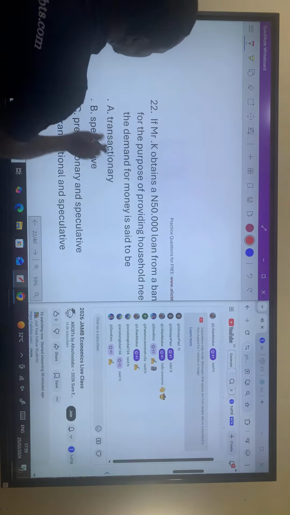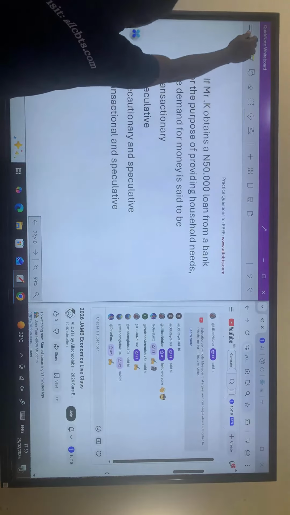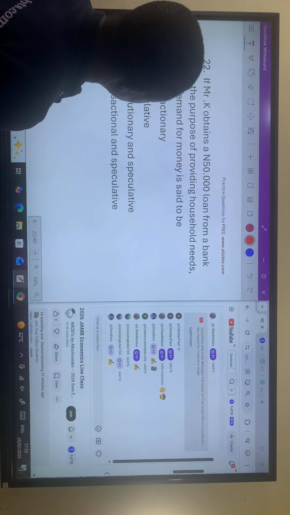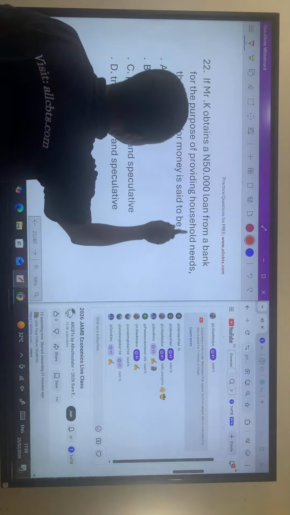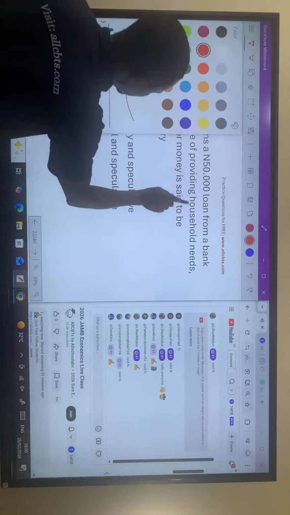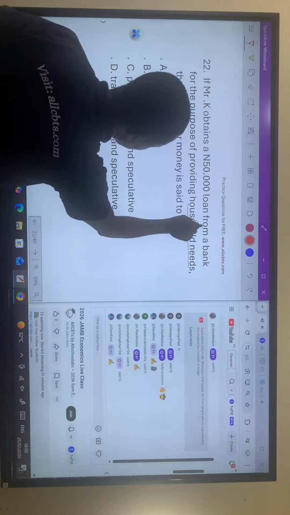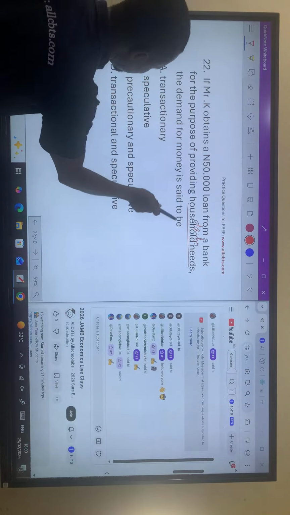Let's see this one, to make it clearer. Mr. K obtains a 50 naira loan from a bank for the purpose of providing household needs. That is daily needs. The demand for money is said to be what?